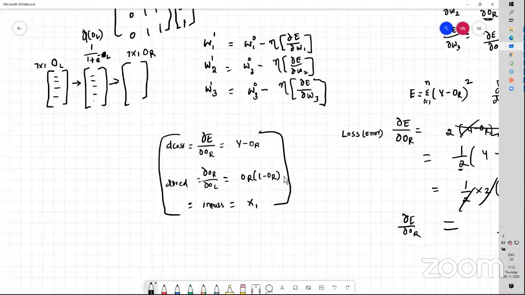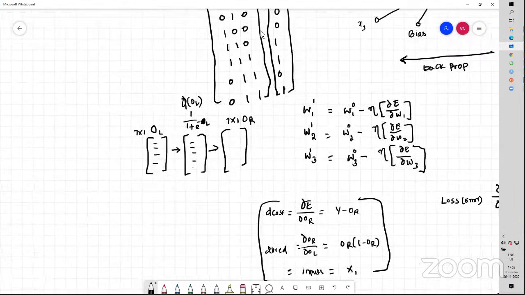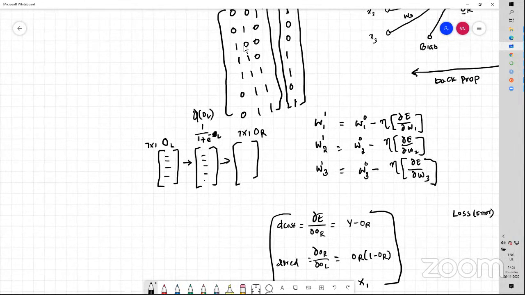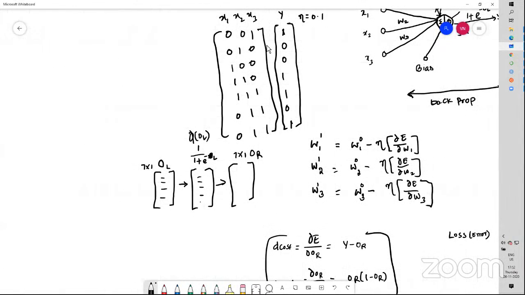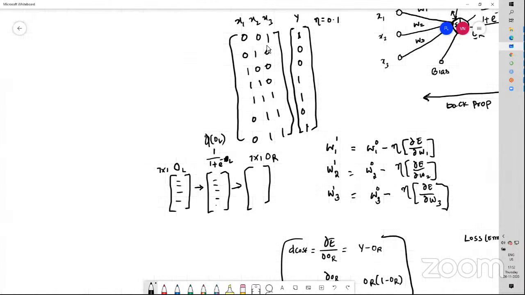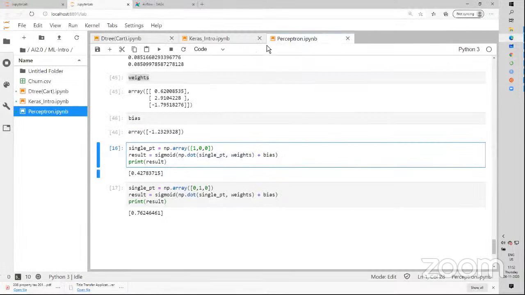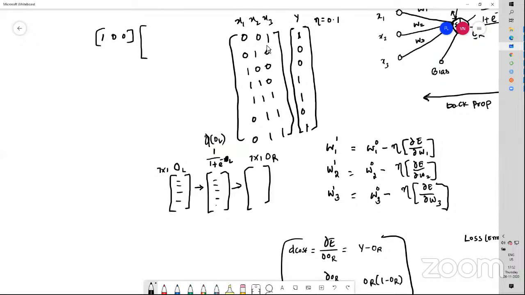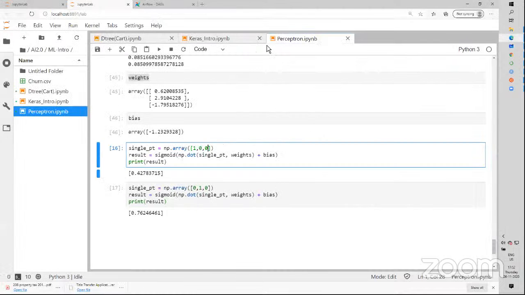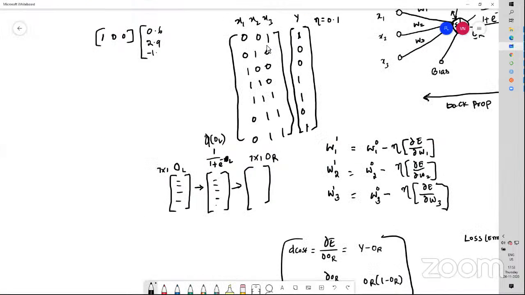To generate the output, first we need to multiply. Right now we have only one observation, that observation is 1, 0, 0. And we need to multiply this 1, 0, 0 with the weights. What were the weights? This is 0.6, this is 2.9, this is minus 1.79.